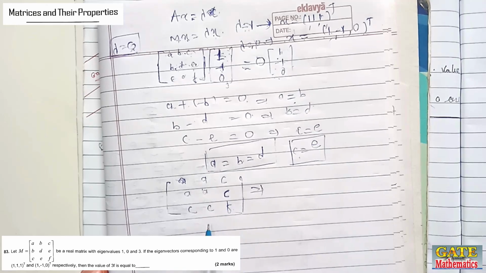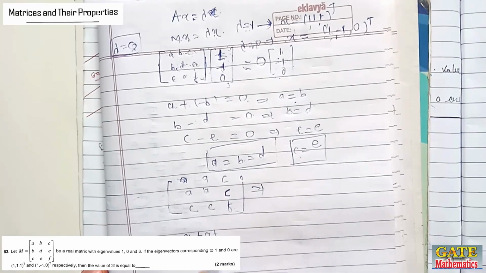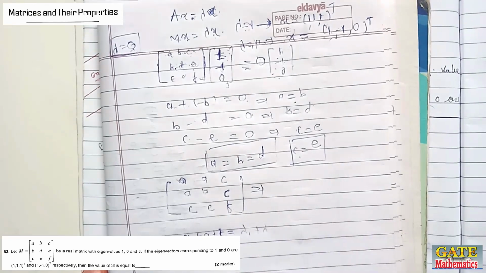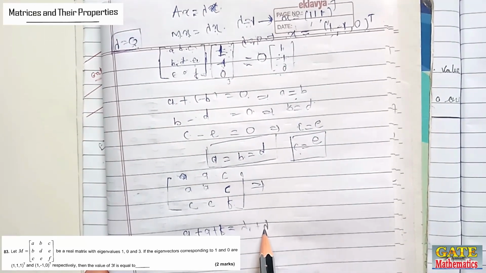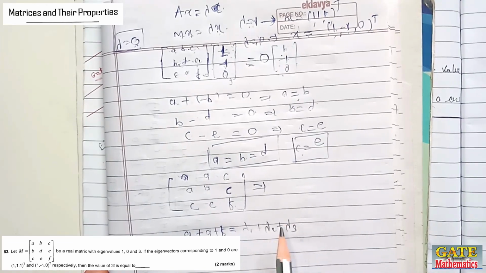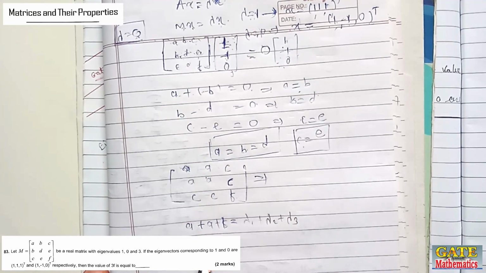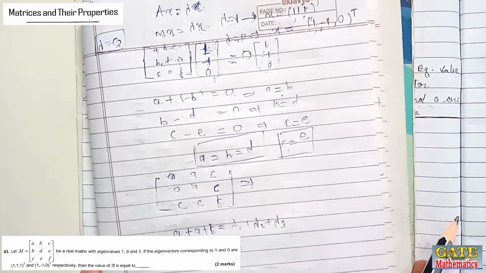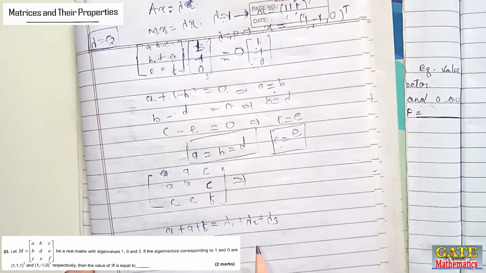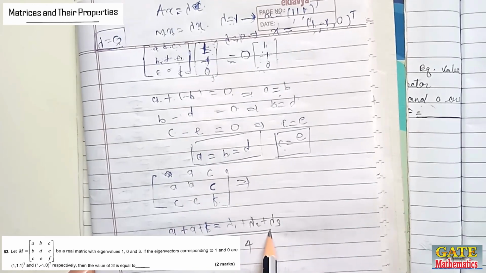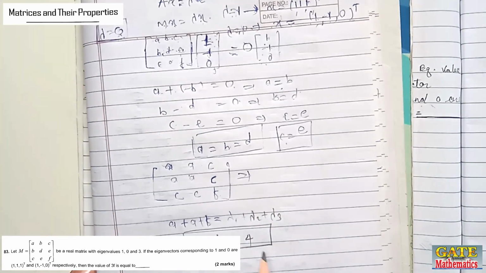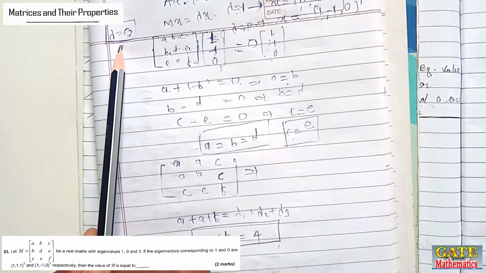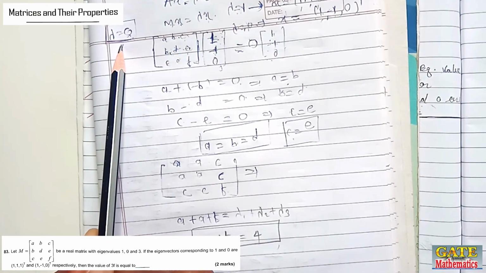A plus A plus F, which is equal to the sum of the eigenvalues, lambda 1 plus lambda 2 plus lambda 3. That means 2A plus F is equal to 0 plus 1 plus 3, which is 4. So I got the first equation, 2A plus F equals 4, which is associated with the eigenvalue lambda 0.